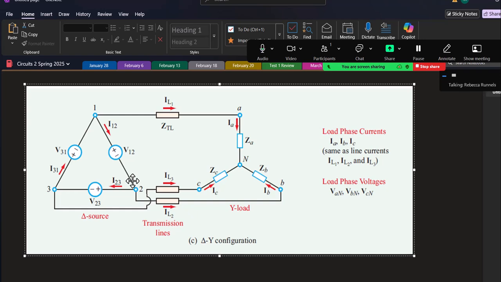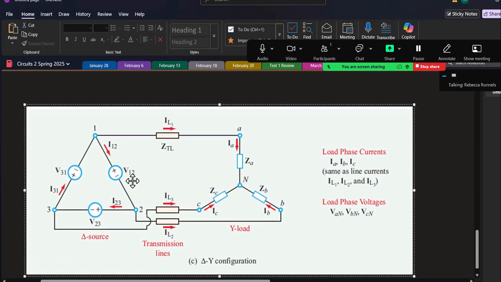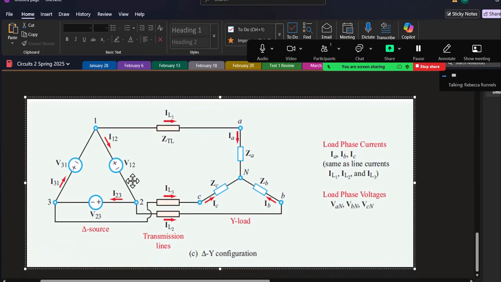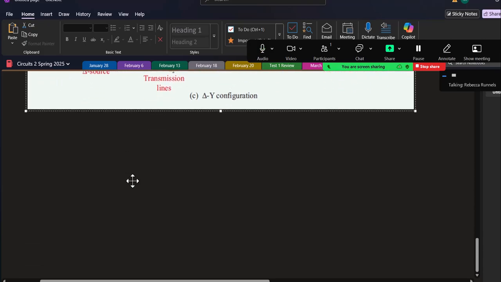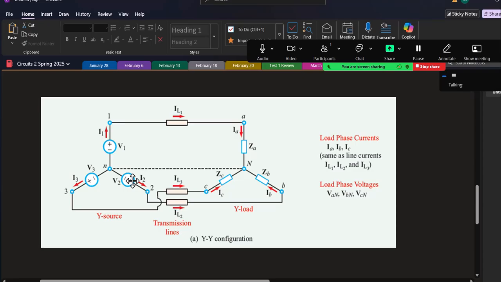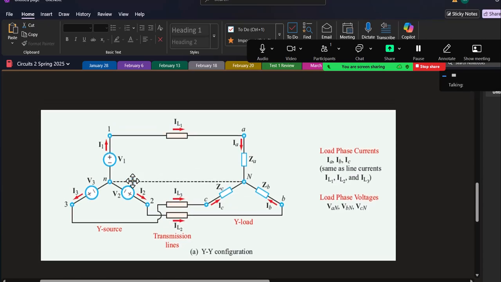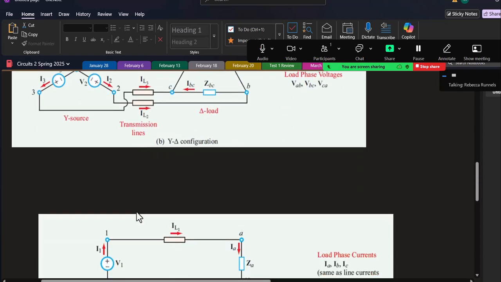Would be our line currents, and if I have IL1, IL2, IL3, are all of these labeled that way?